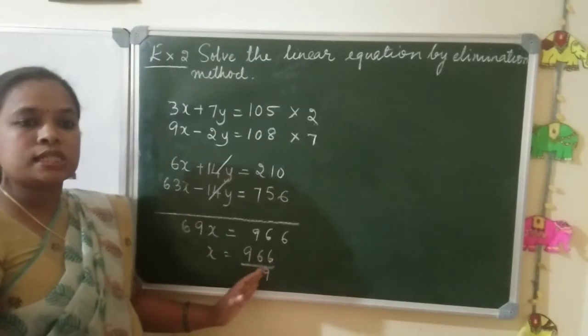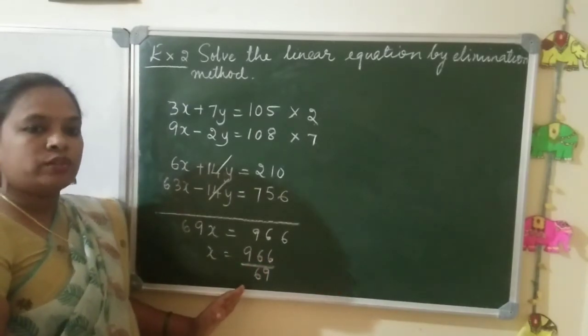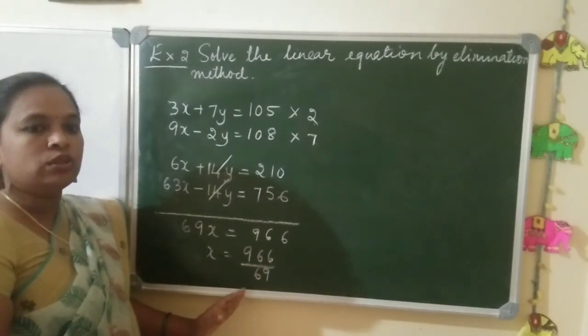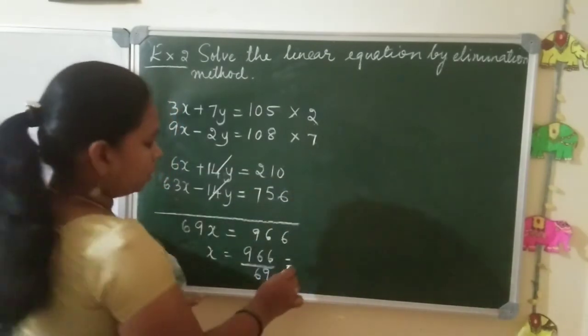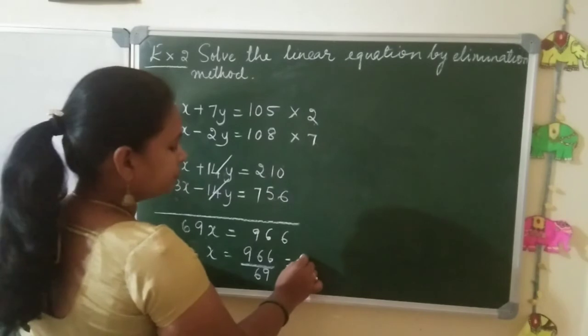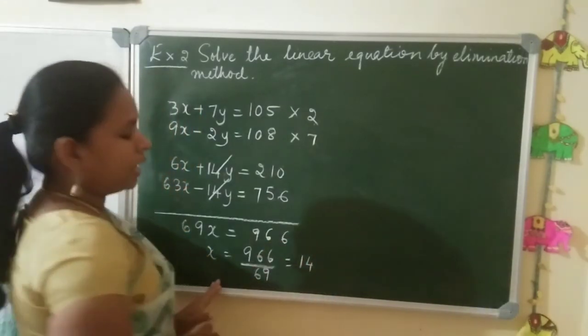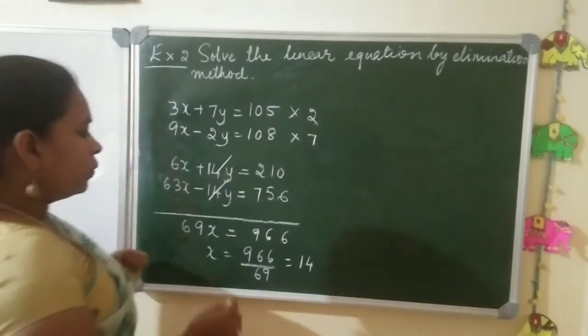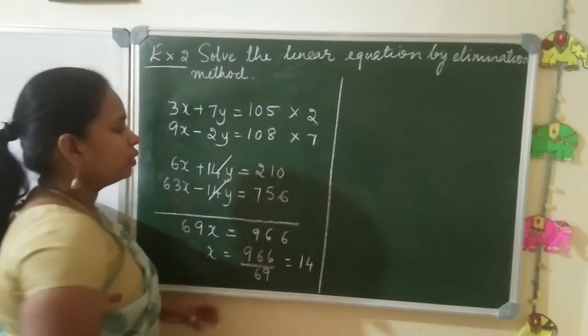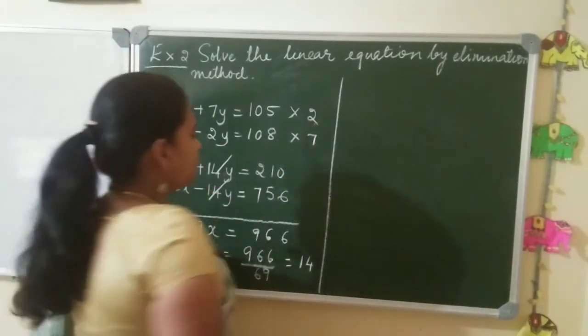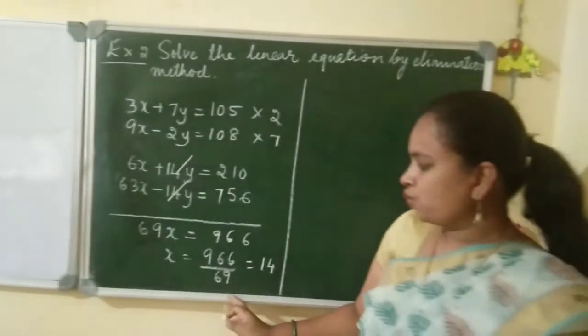What is 966 by 69? You have to do the division and find out. So it will be equal to 14. X value is equal to 14. Once you have found the value of x, you are going to find out the value of y. Any one equation you can choose.